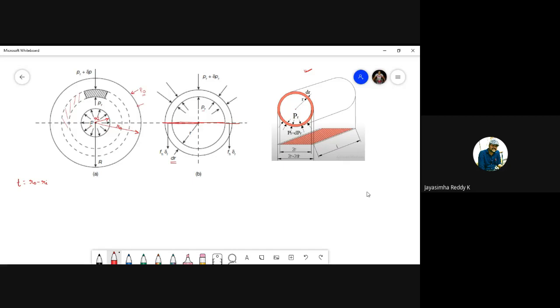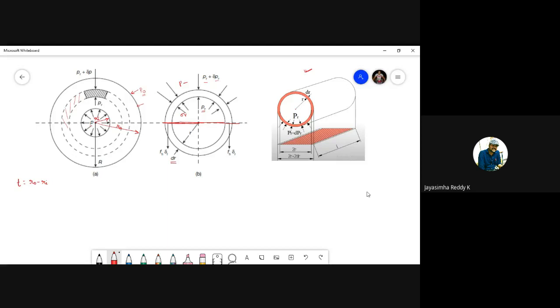We are considering it as P and P plus delta P. Because of this application of pressure, there will be stress, and that stress I'm taking as sigma r.